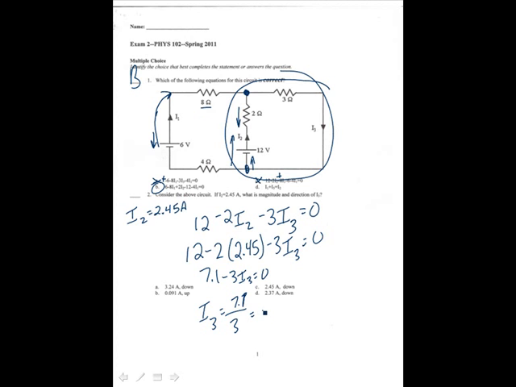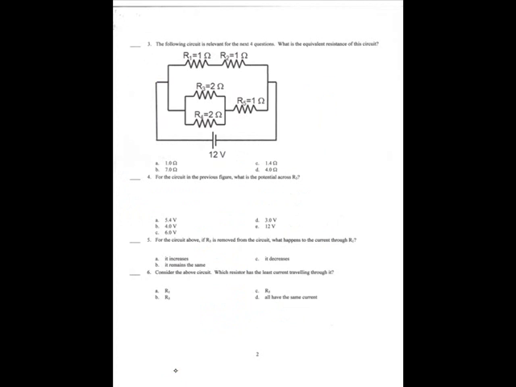Actually 2.37 amps, and it comes out positive, and I3 then is shown as down, so that's correct. 2.37 down. D is the answer for number 2.